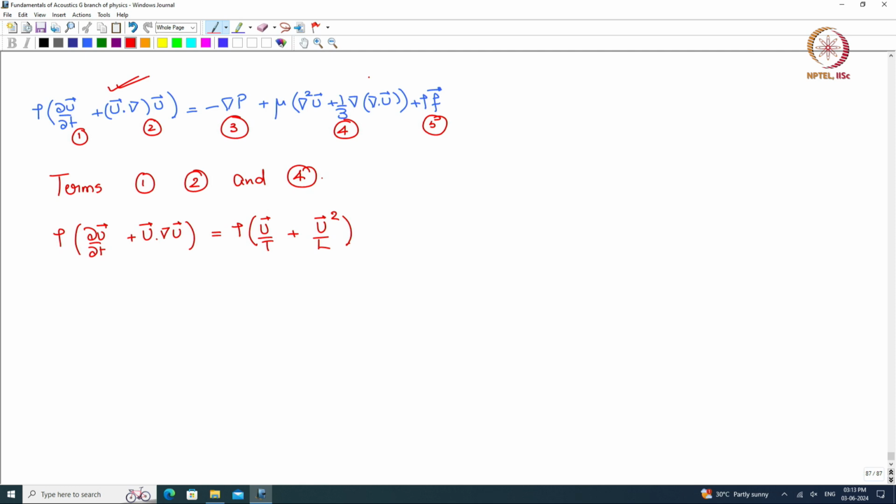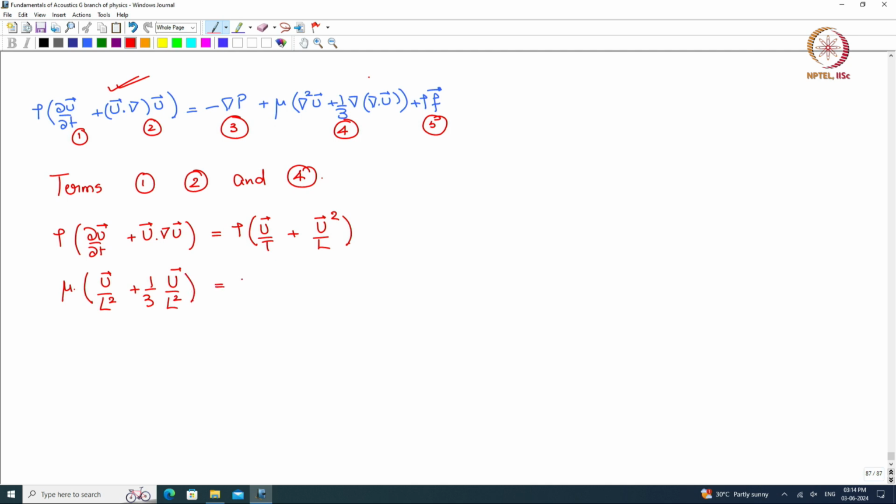Now the term 4 happens to be mu, and del squared gives me u bar by L squared, plus 1/3, I have a del of a del dot u, so again I get u over L squared.